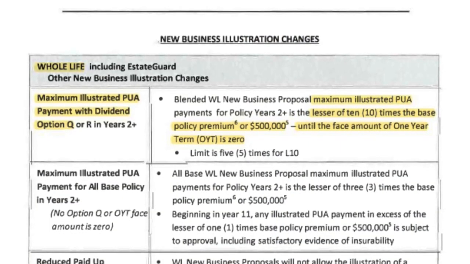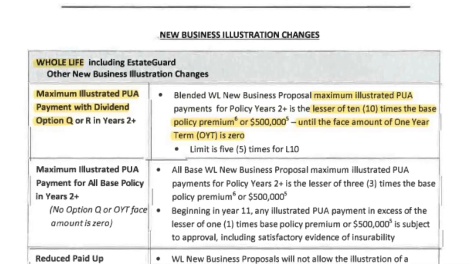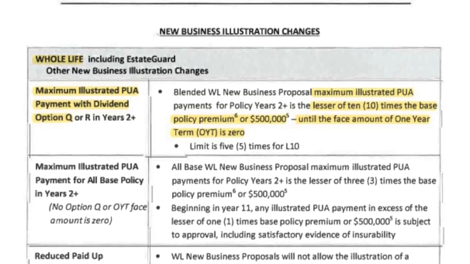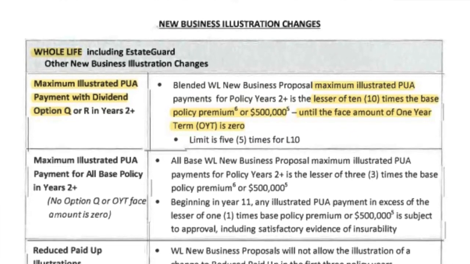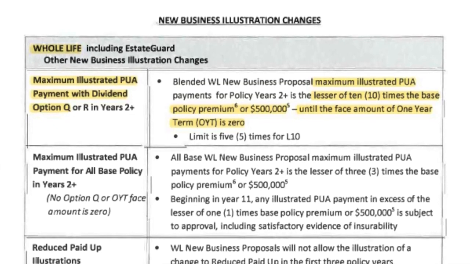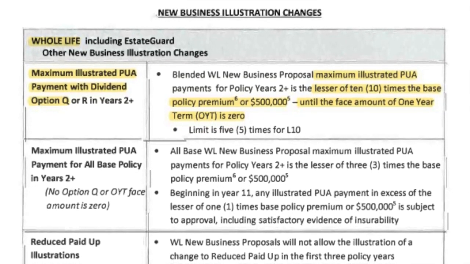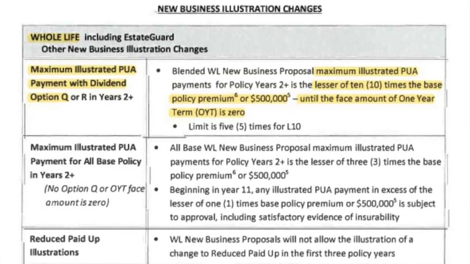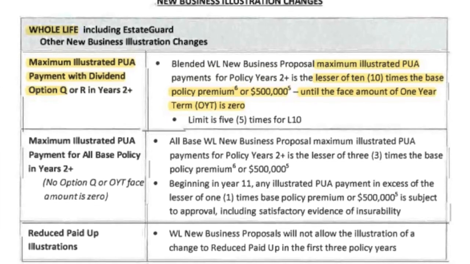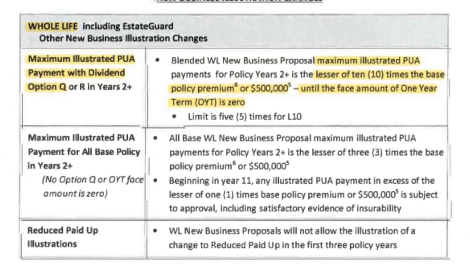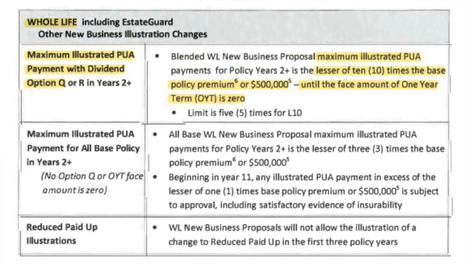So when we run a Guardian illustration, here we're going to see some software limitations they have, that when we have the level Q term rider, or I should say the dividend option Q attached to the policy, we see that the maximum illustrated PUA is, guess what? 10 times the base premium or $500,000 per year. So that's their annual cap. A consumer can pay $500K per year or 10x the base premium.